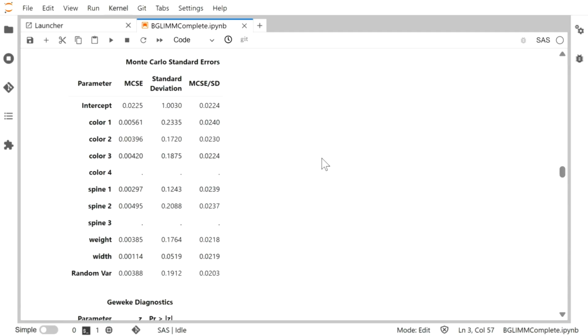Monte Carlo standard errors. When the Monte Carlo methodology is invoked, it adds variability because of the randomness that's involved. This is how much variability is added into the problem for each of the parameters. This is the posterior mean. I want that percentage to be as small as possible.